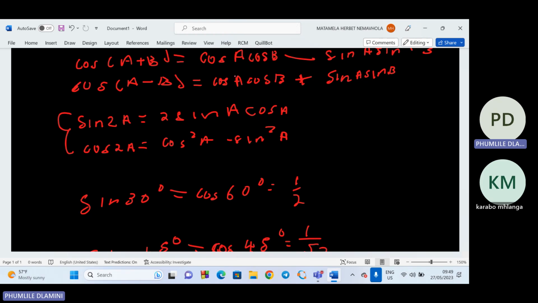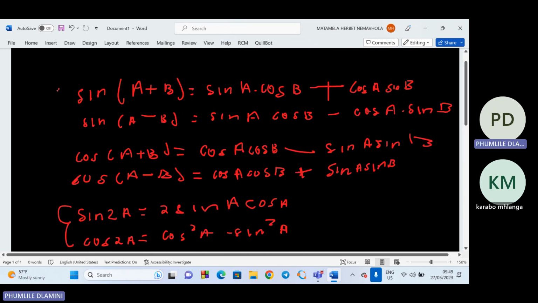We're still going to prove them. For now, I just wanted you to take these identities into account.